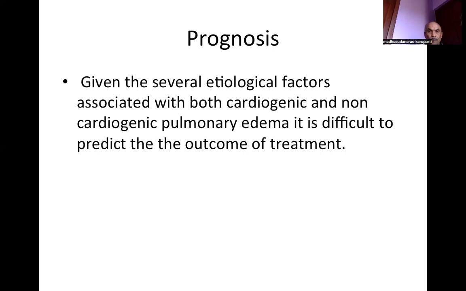But with the advent of diagnostic evaluation for early diagnosis and the early institution of treatment, the mortality rates in many centers have come down to 25 to 30% when compared to the earlier 50 to 60%.